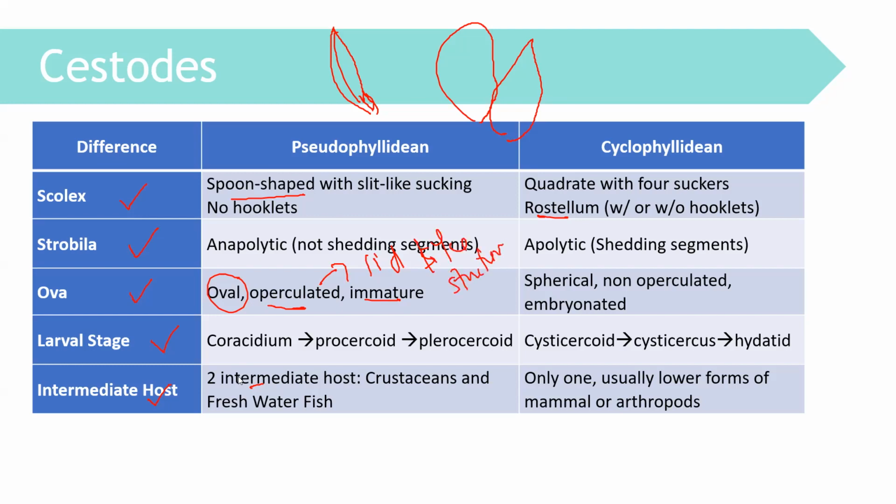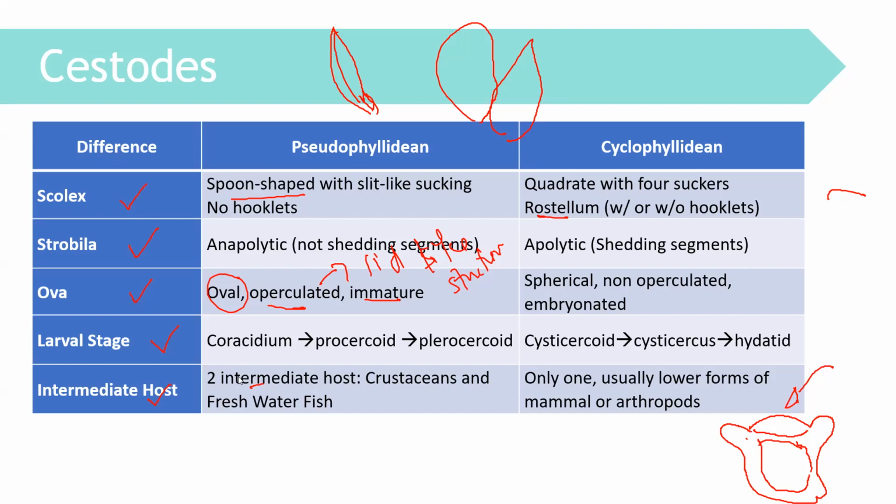Okay? Lid-like structure. Let's say, for example, this is the egg. Let me draw it to the best of my capability. Okay. This one, no, I'm sorry for my poor drawing.